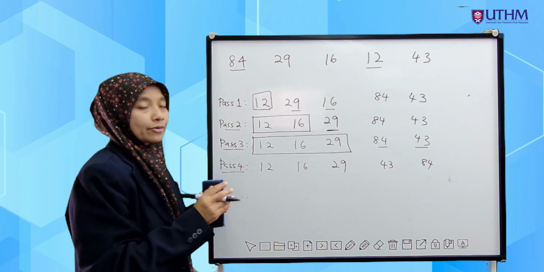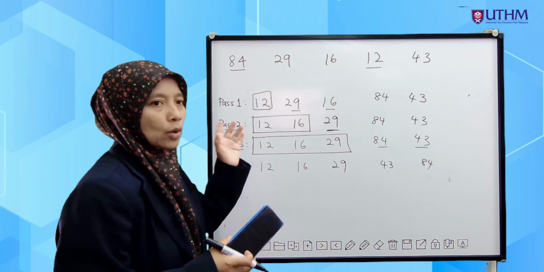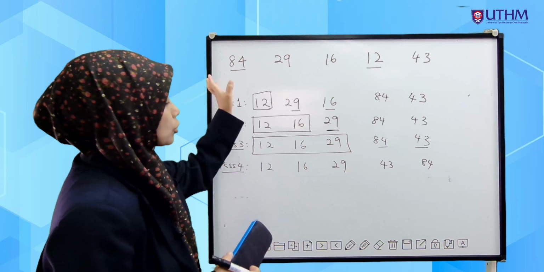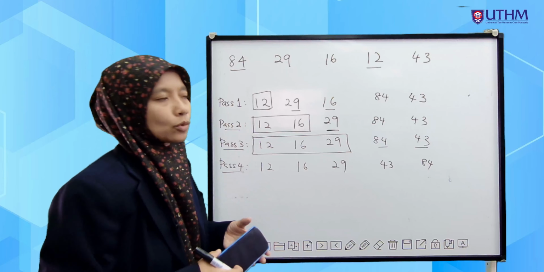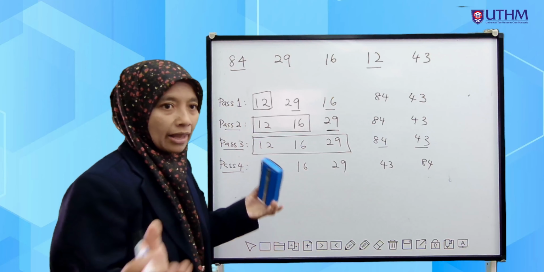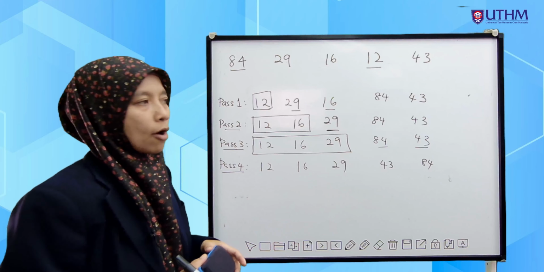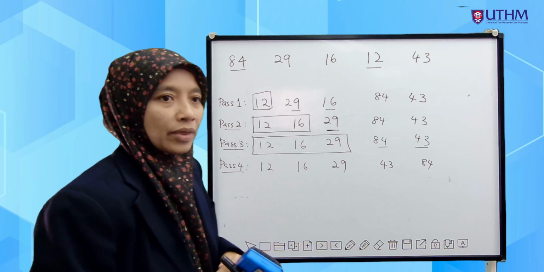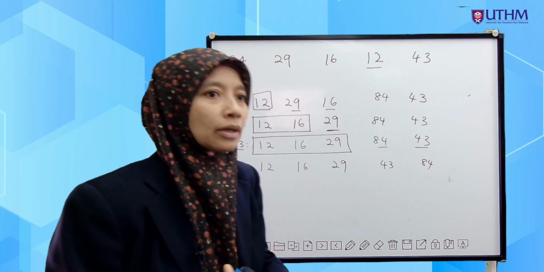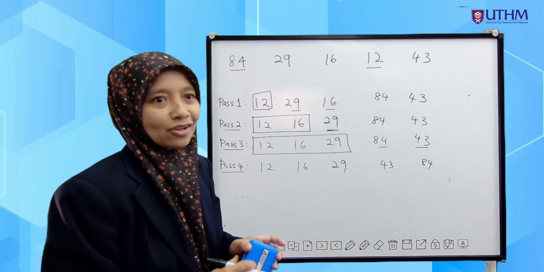For your information, selection sort is not only applicable to numerical values. You can also apply it to string values, but in the case of strings, make sure you use the string compare function, strcmp. This is the end of the session for our selection sort.